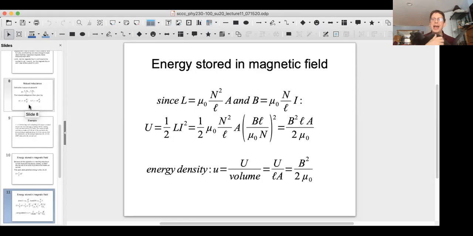And as it turns out, given typical laboratory values for a magnetic field and for an electric field, you can store quite a bit more energy in an inductor than you can in a capacitor enclosing the same amount of volume.